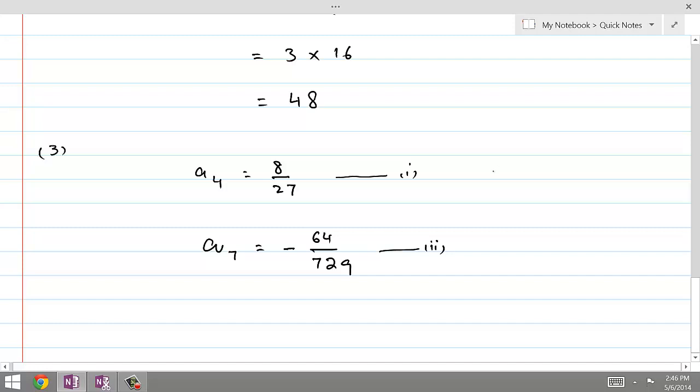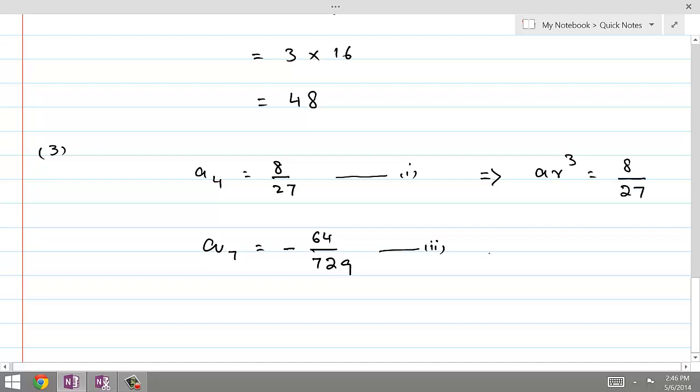So from 1, if this is the fourth term, then the power of r must be 3. It means ar cube is equal to 8 over 27.